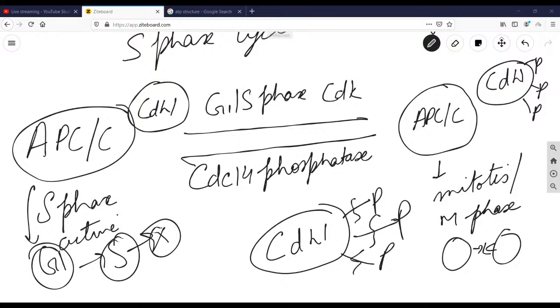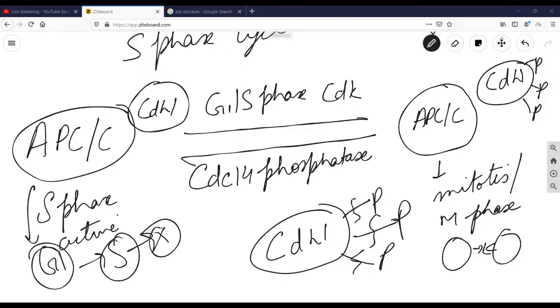There is a specific kinase which will phosphorylate the mitotic CDKs at specific amino acid residues.